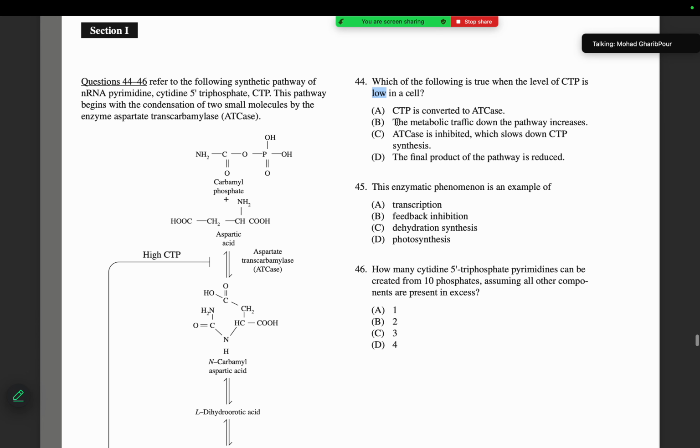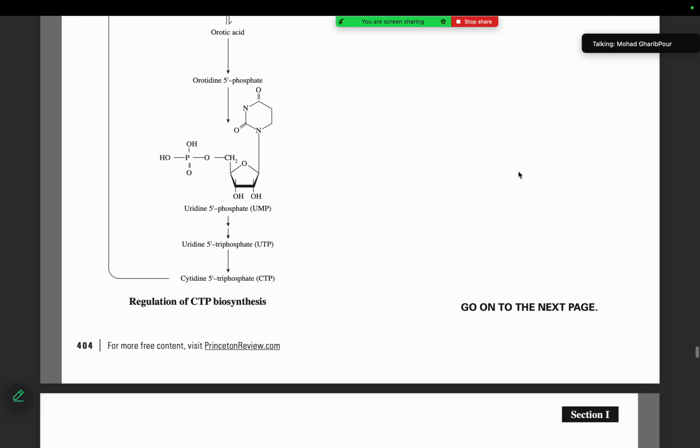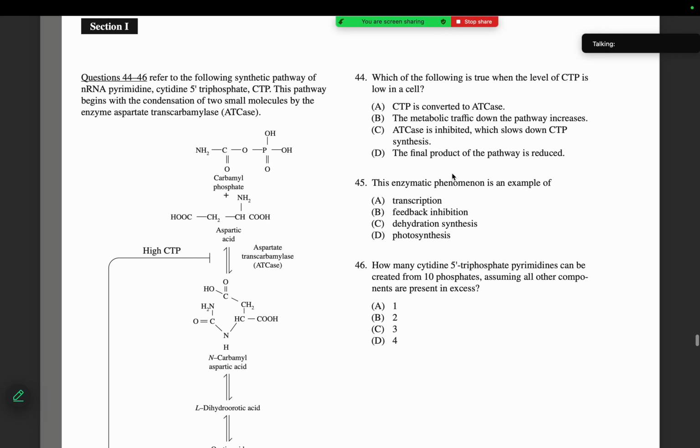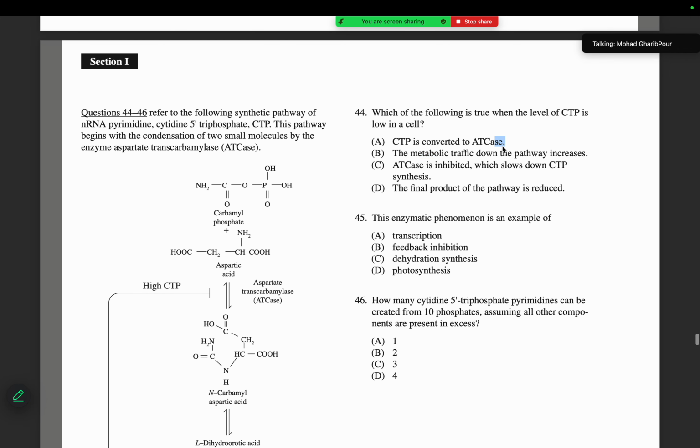So yeah, B actually makes sense. And then A, ATCase is inhibited. It's not inhibited with low levels of CTP, so that's wrong. The final product of the pathway is reduced. No, it should be increased, right? So the answer here is B.